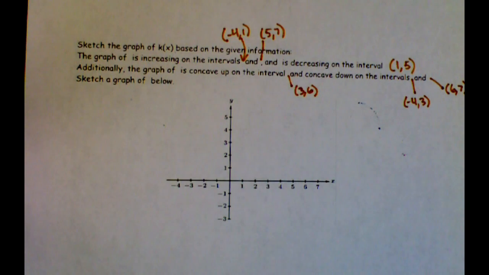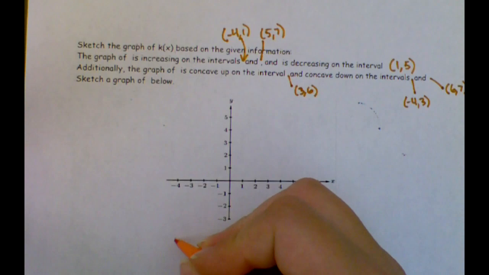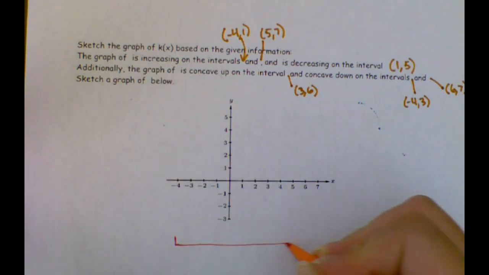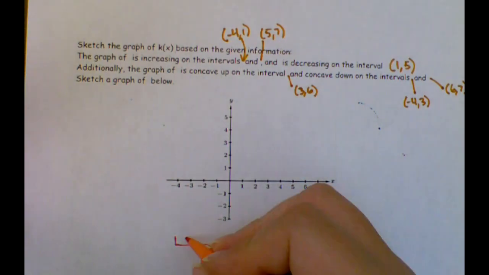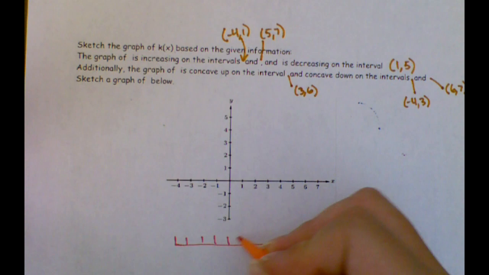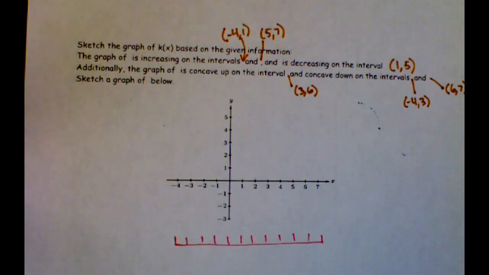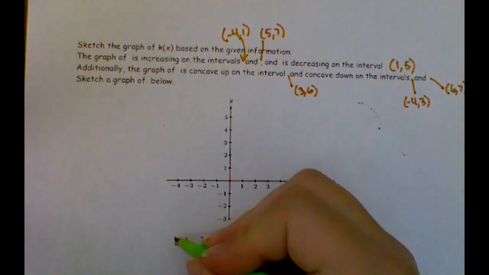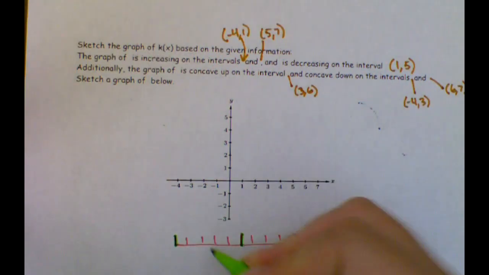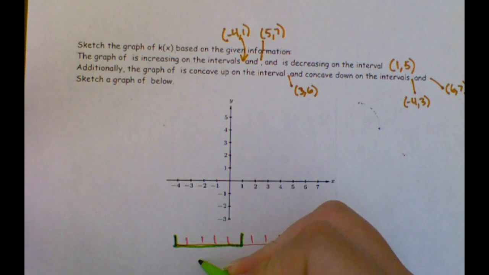Now that we have all the information, we can actually sketch our graph. So I'm going to draw myself a little key down here at the bottom, starting at -4 over to 7, just to kind of help myself visualize what's going to be going on. So from -4 to 1, I am increasing.